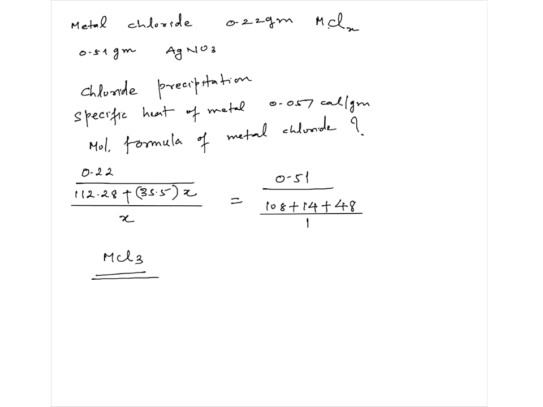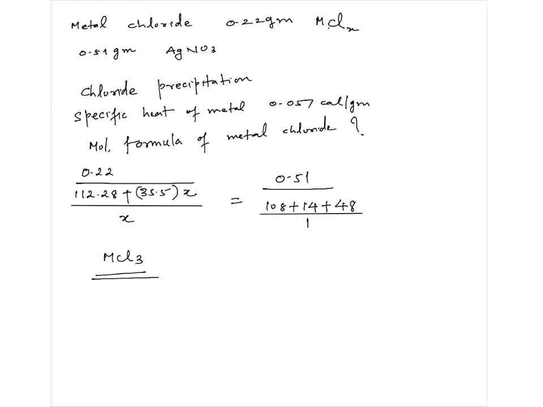It comes out to be 112.28 something. That's the mass of capital M. So 112.28 plus chlorine 35.5, X times, chlorine will come X times, whole divided by X, the valency factor.